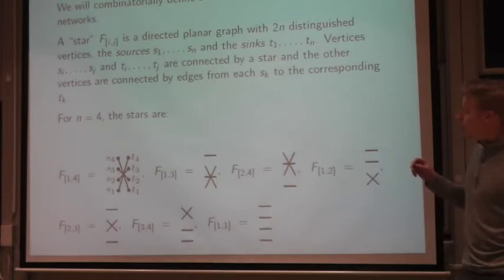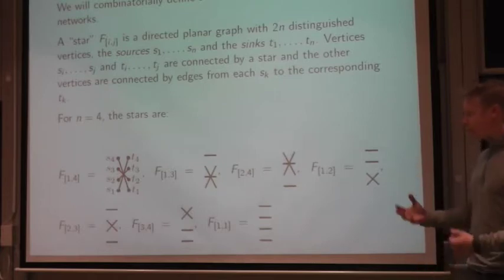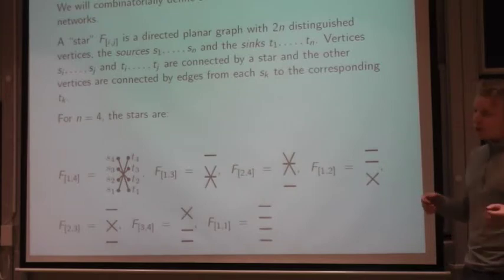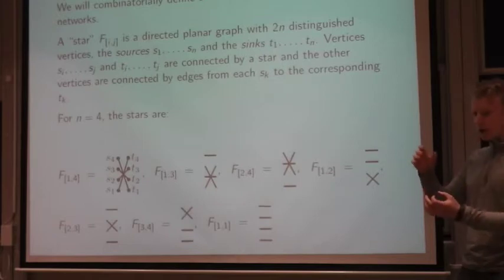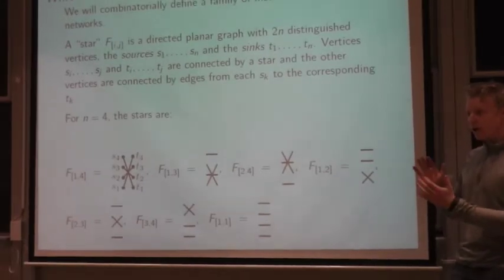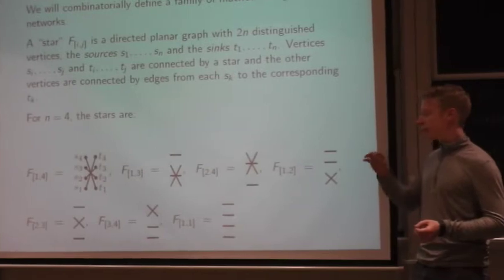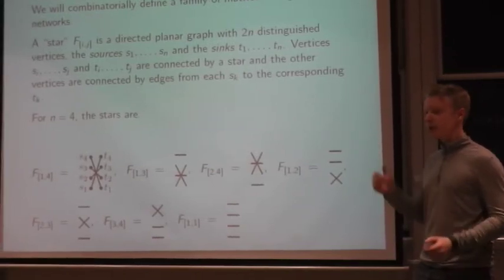So we define F_ij star to be the directed planar graph, a planar network, with sources S1 through Sn and sinks T1 through Tn, where for the ij star, we just connect all the sources i through j and all the sinks i through j with a star, and then connect all the other sources to their corresponding sinks just with an edge.